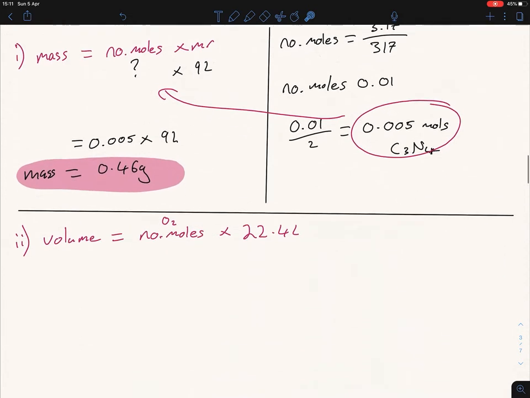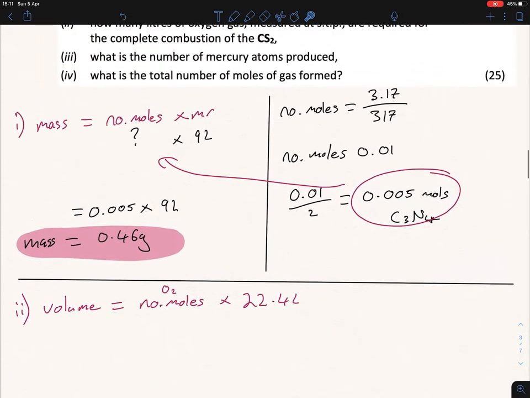We know for 1, it's 0.005. So by that logic, 3 of them would just be 0.005 multiplied by 3. And if you do that out, you're going to get 0.015 moles of O2.